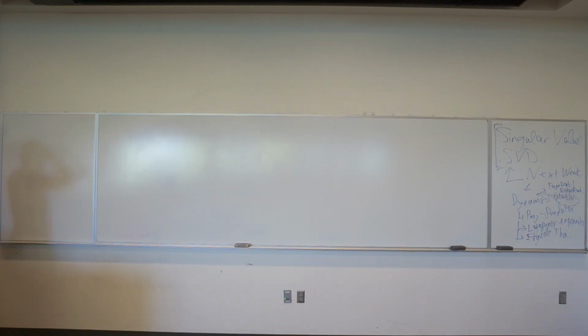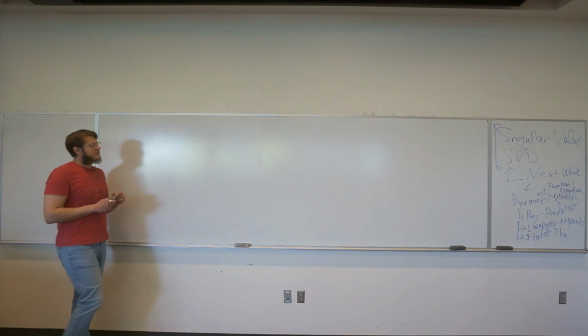I want to review many of these phrases or adjectives that apply to matrices, relate different adjectives to each other, which one implies what, and contextualize also the spectral theorem. So today's going to be a review.